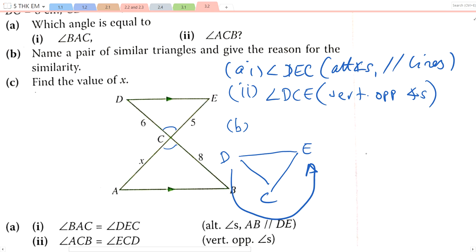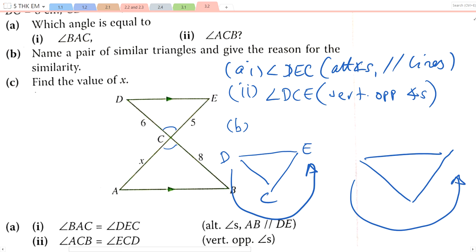What is it? DB. Oh, okay, let me draw another triangle first. Obviously, it's going to be bigger, right? Obviously, the triangle at the bottom is bigger. Okay, so what shall we name this? A, C, B. Okay, do you all agree that these 2 are similar?